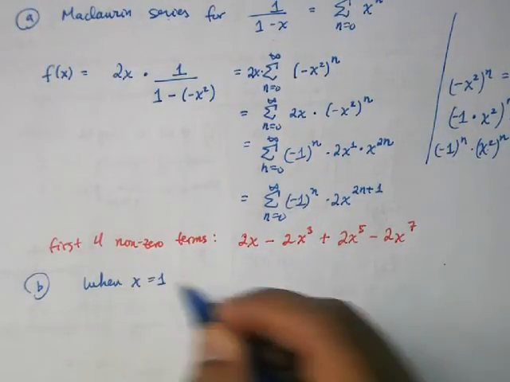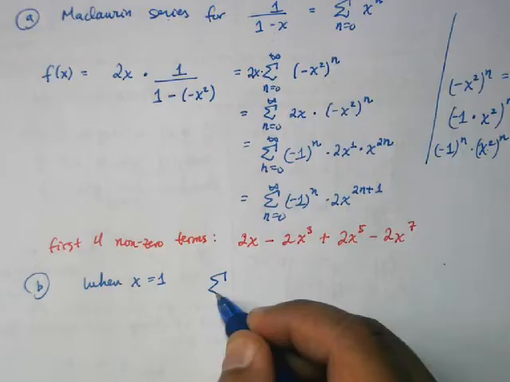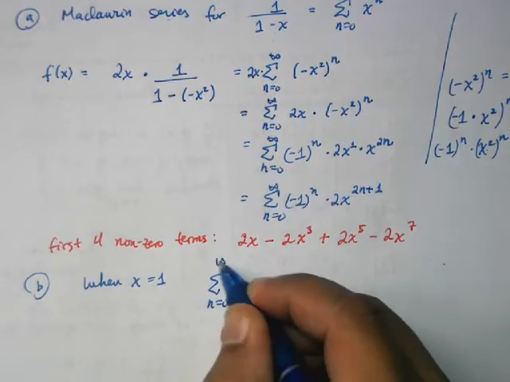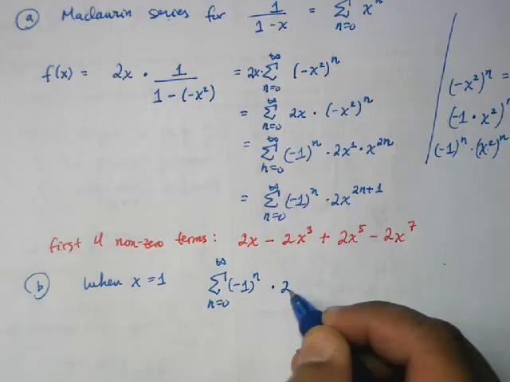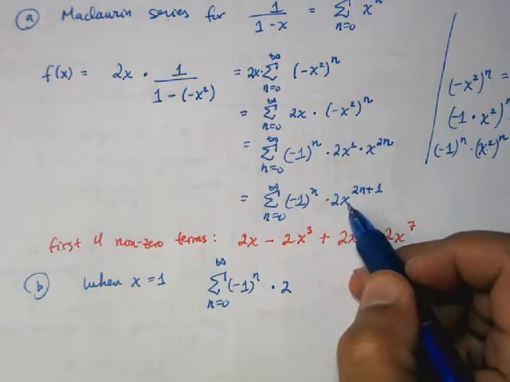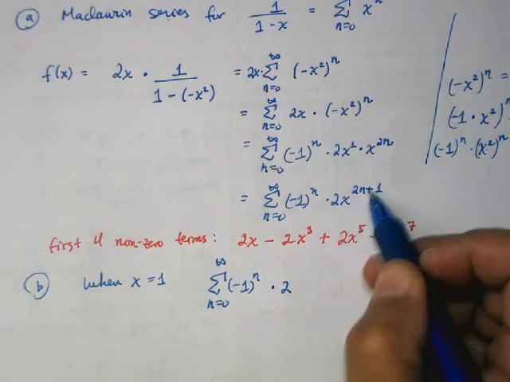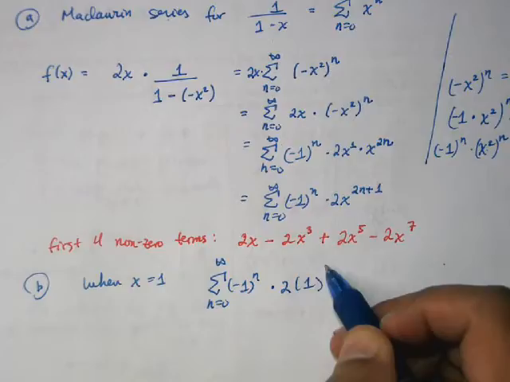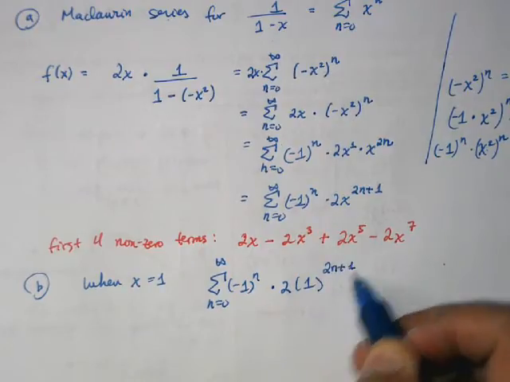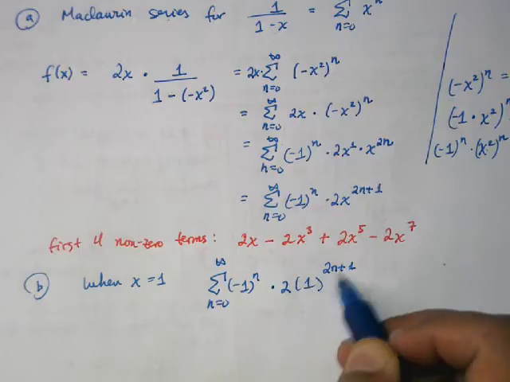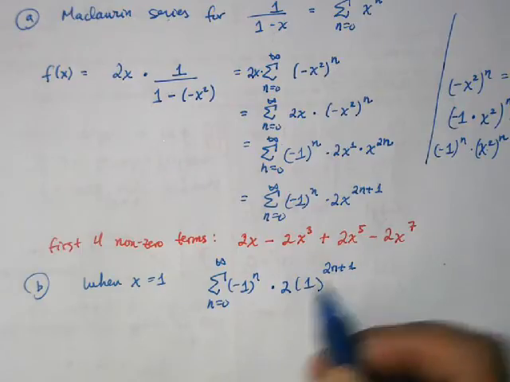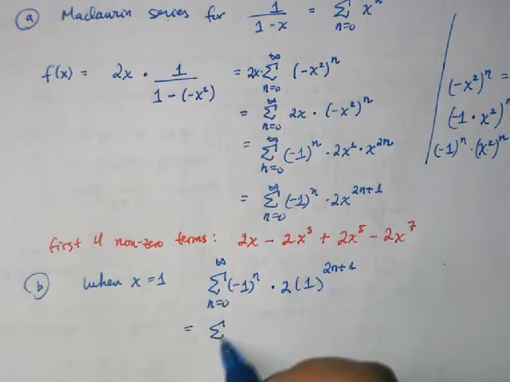So when x equals 1, we have this series, n equals 0 to infinity of negative 1 to the nth times 2, and 1 to any power. So if I put in 1 to the 2n plus 1, this 2n plus 1 is really irrelevant, because 1 to any power is just going to be 1.